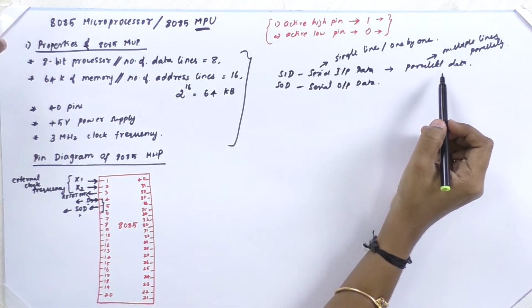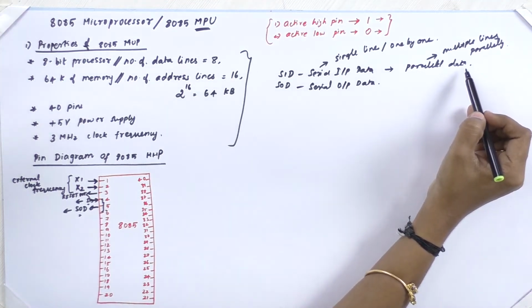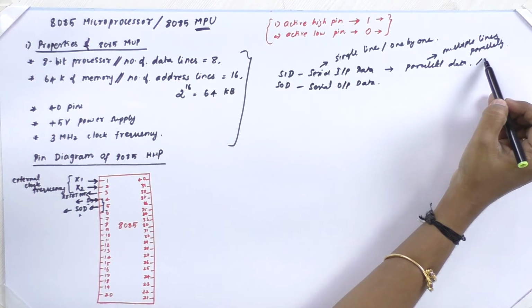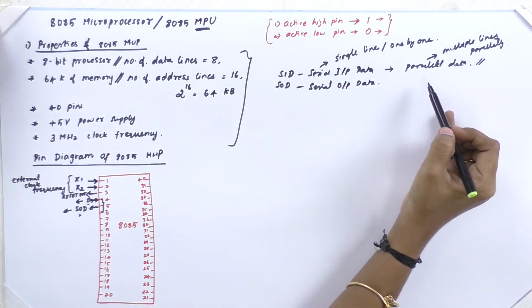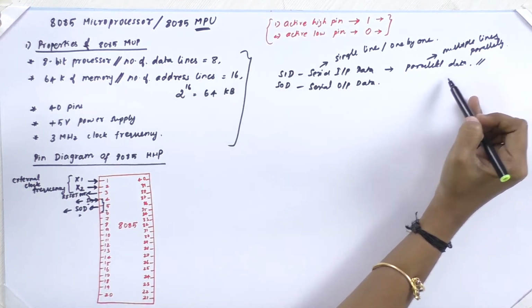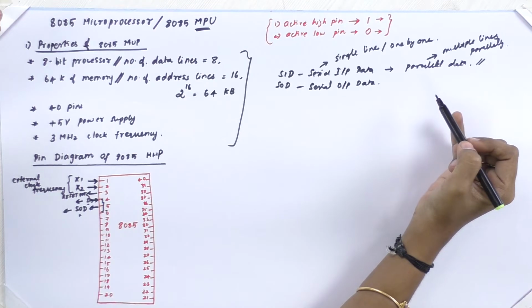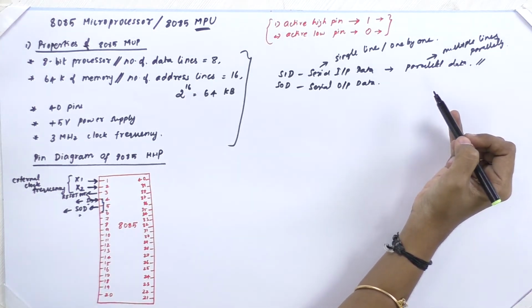The 8085 processor is capable of processing only parallel data, so the conversion is done here. The processed parallel data should again be transmitted to the peripheral devices, but the peripheral devices are capable of processing only serial data.